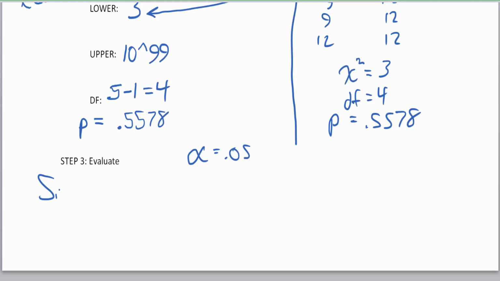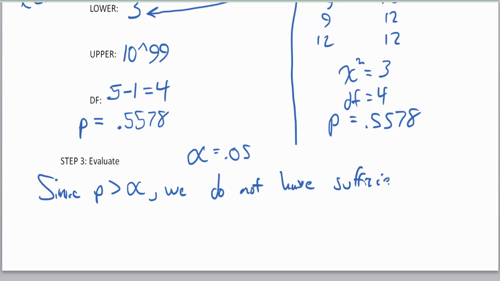So since p, which is 55%, was greater than alpha, which is 5%, we do not have sufficient evidence to reject the null hypothesis.